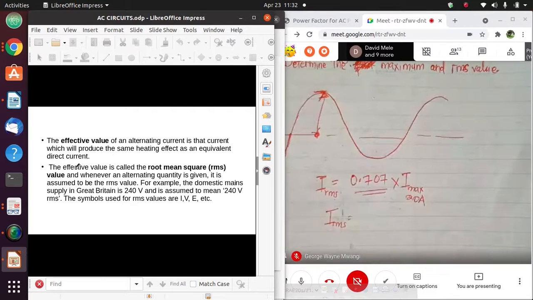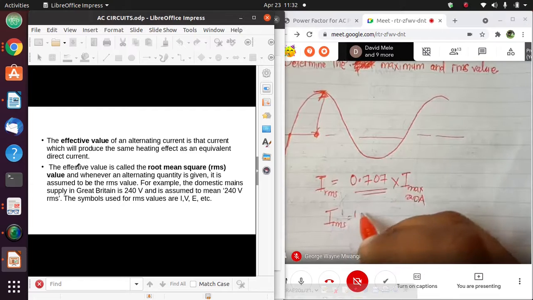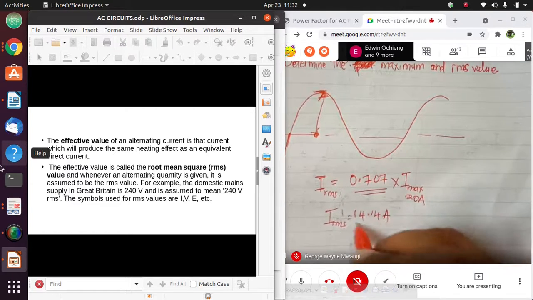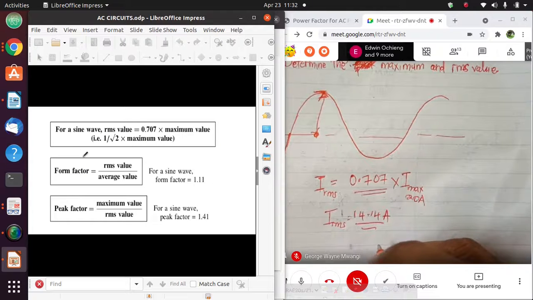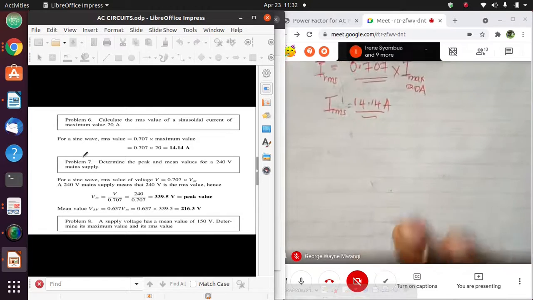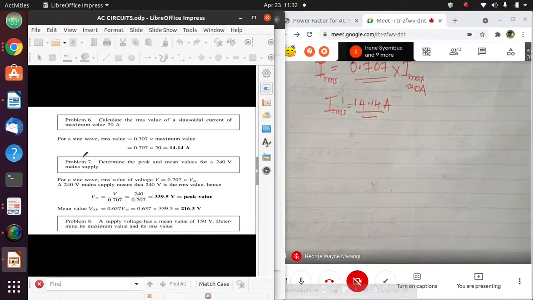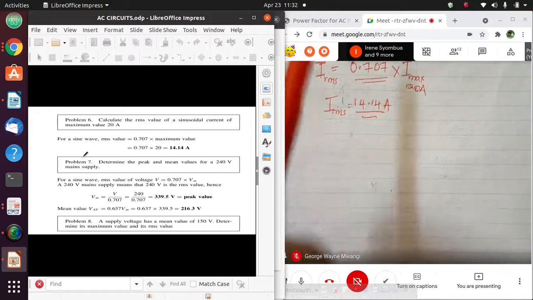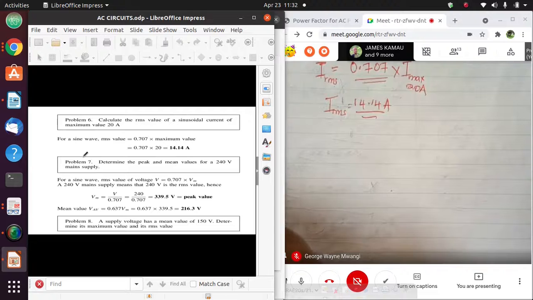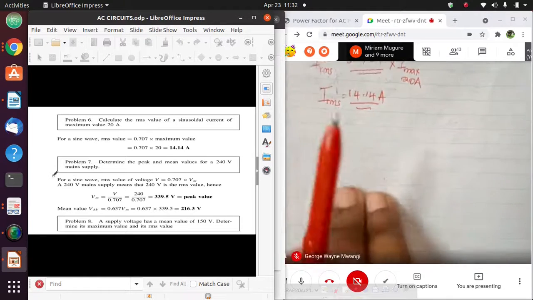So you get that the RMS value is 14.14 amperes. Are you together? Yes, amperes, because we are talking about current. You've been told to calculate the RMS value of the sinusoidal current. If it was voltage, we would use volts.